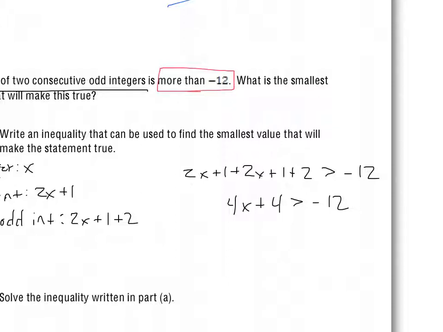We talked about yesterday reasons we would need to reverse an inequality symbol, and that's if we multiply or divide both sides by a negative. So in this particular problem, we're going to do some inverse operations. We're going to be doing things to both sides of the equation. If one of those inverse operations is multiplying or dividing both sides by a negative, then we know we have to reverse the inequality symbol.